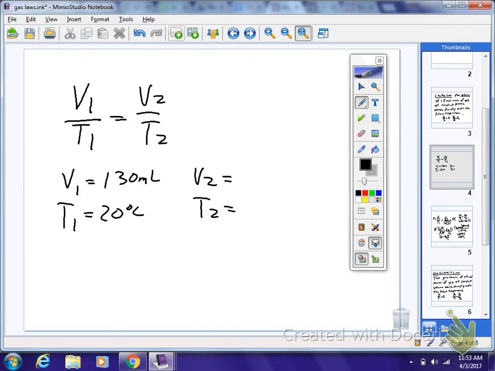We're going to say it went up 2.5 times in volume. We're going to say the volume is actually 2.5 times its original volume. So if that's the case, we're going to make about 2.5 times that size. So that would be 260, 360, no, what would that be? 325?